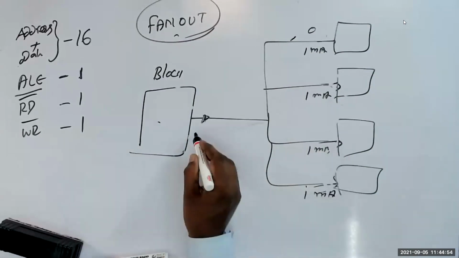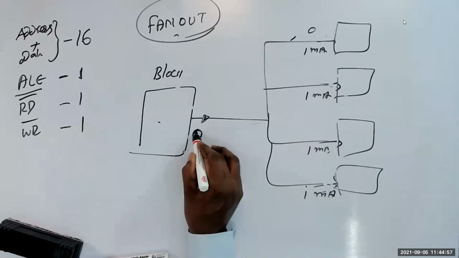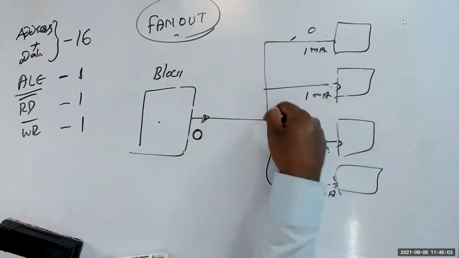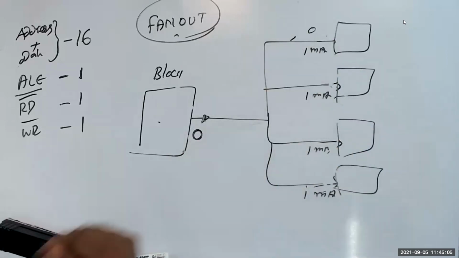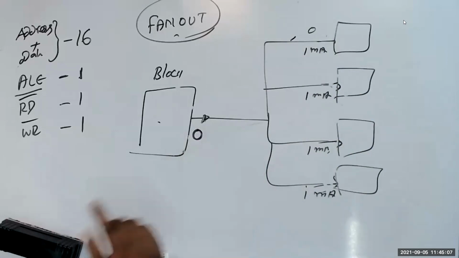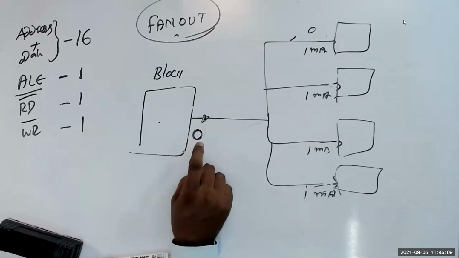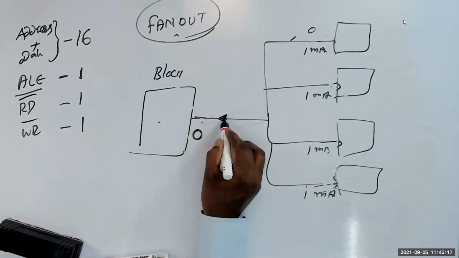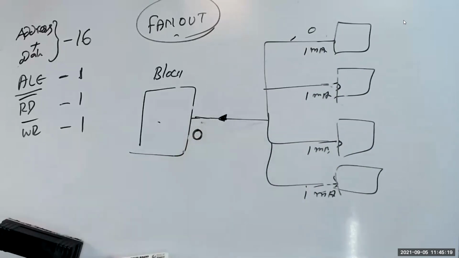That means that if I give 0, all of them are going to pump in the current. At that time what will happen? This guy is going to get more current. How do I avoid it?